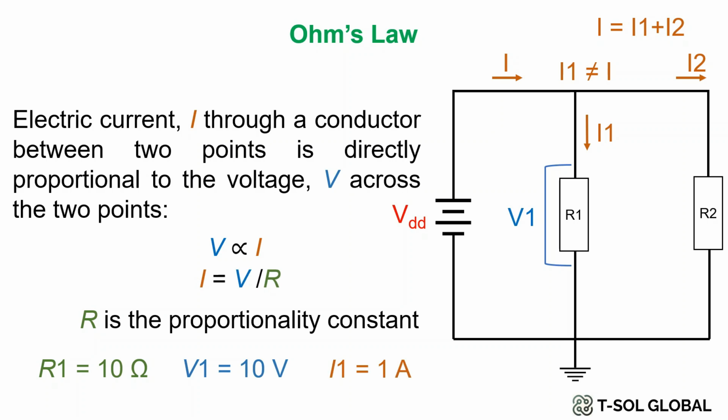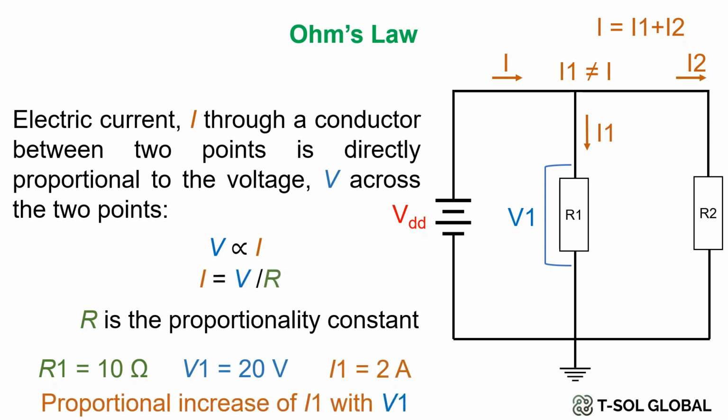Now if we increase V1 to 15 volt, then it will give us I1 equal to 1.5 ampere. And similarly, if we increase V1 to 20 volt, then it will give us I1 equal to 2 ampere of current. So again, we can say there is a proportional increase of I1 with V1.